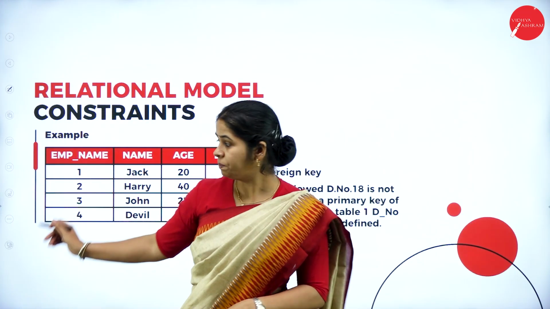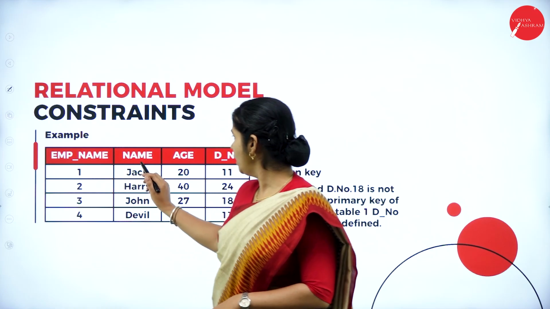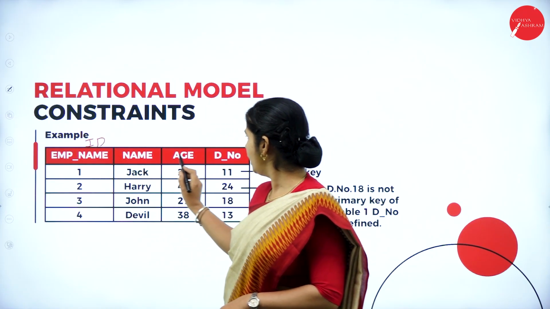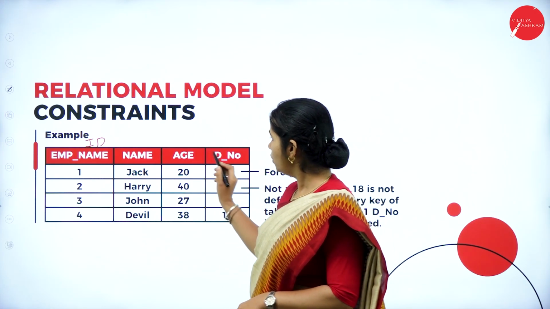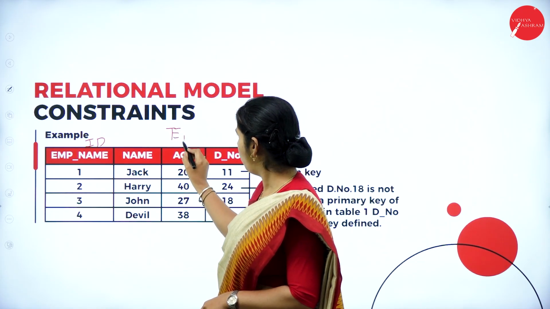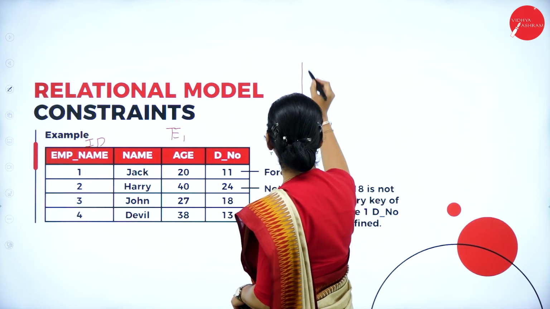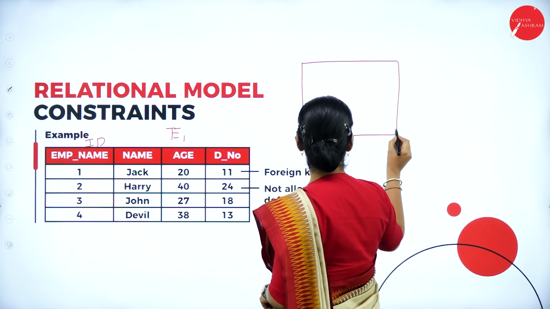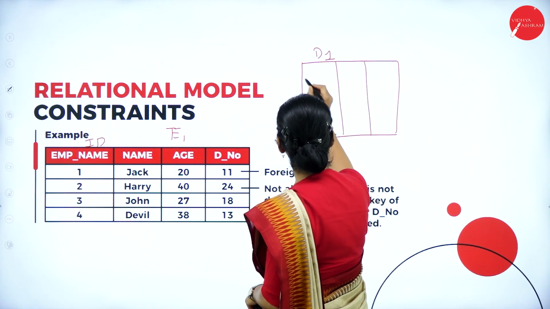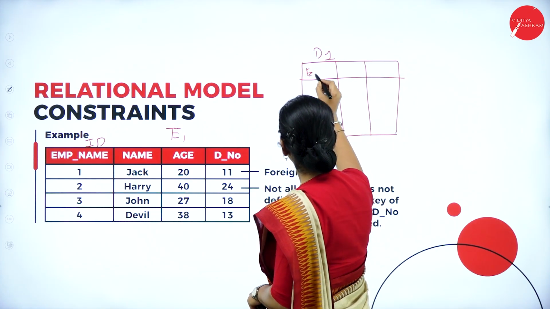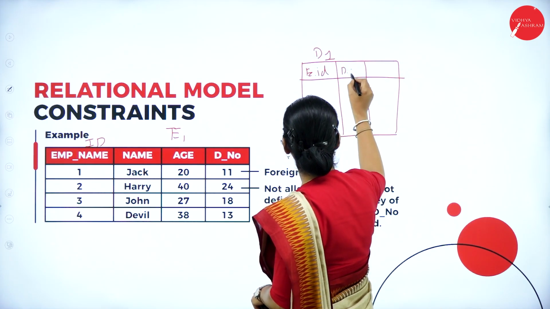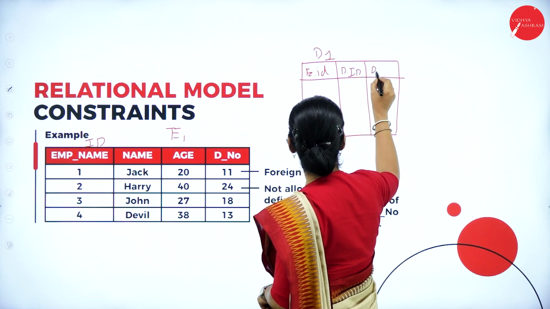Here you can see we have employee ID, employee name, age and department. So this is one table. Consider that as employee table 1. And here we should have one more table called the department table, department 1. What are we having here? Employee ID, department ID and department name.